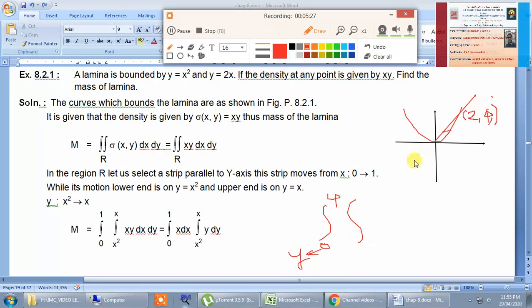The left hand is on the straight line x equal to y by 2, and the right hand is on the parabola, and the equation of the parabola is x equal to plus under root of y. The integrand is xy, that is your density, dx and dy. And this we can very easily integrate first with respect to x and then with respect to y.